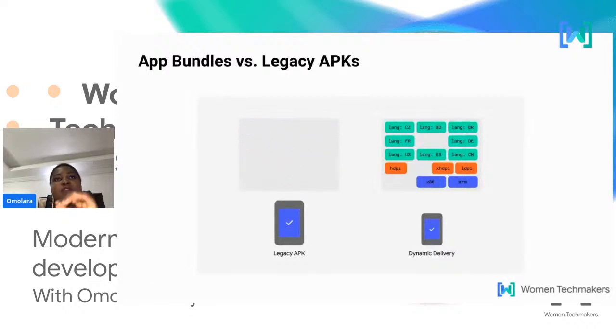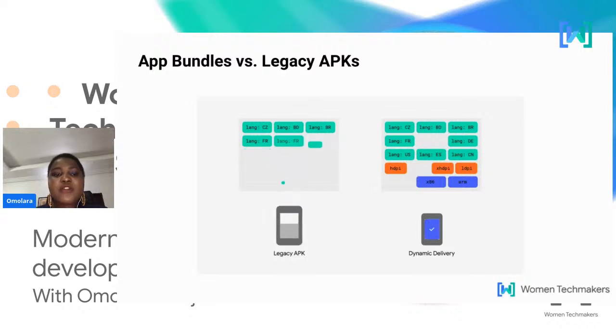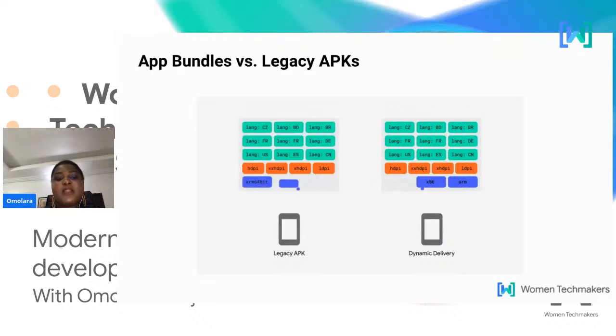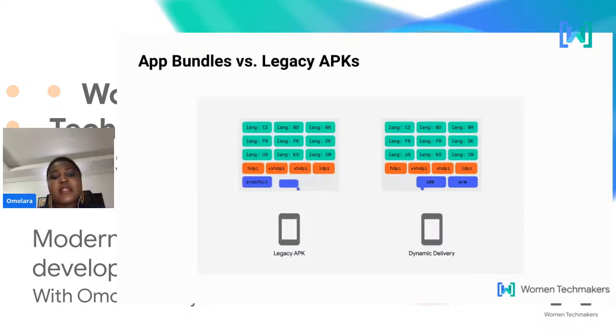It only picks those folders and installs, and leaves the rest of the unnecessary folders behind. This is a way that Play Store helps you manage people's data and storage. It makes you more concerned about your users' experience when downloading, because experience matters right from downloading to the actual usage of the app.